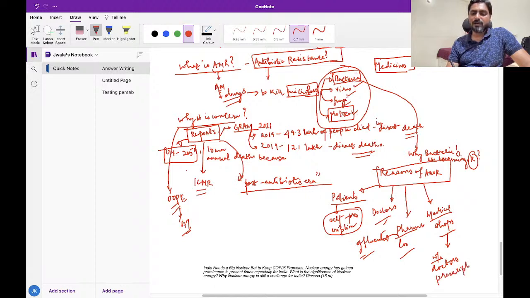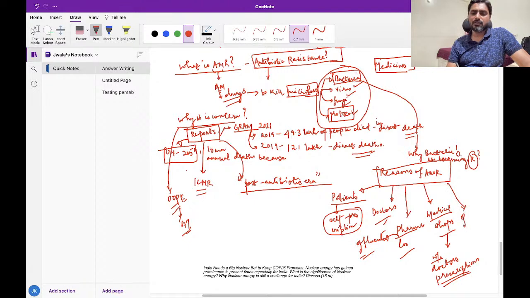More availability means more people will use it, and that itself becomes a problem. Medical shops might be driven by profit motive, so they wouldn't deny any person who is asking for medication. That is a cause of concern.